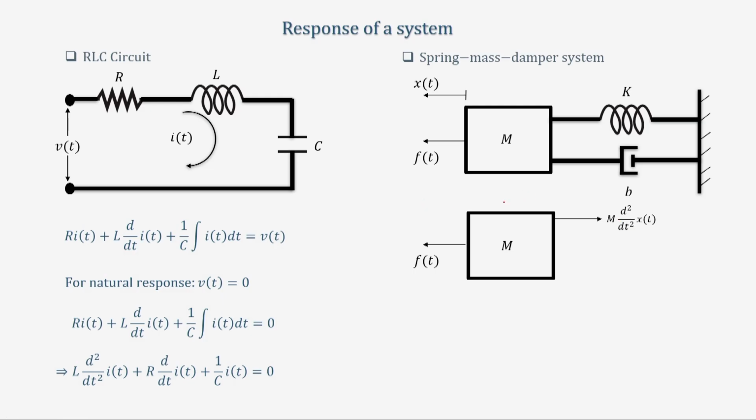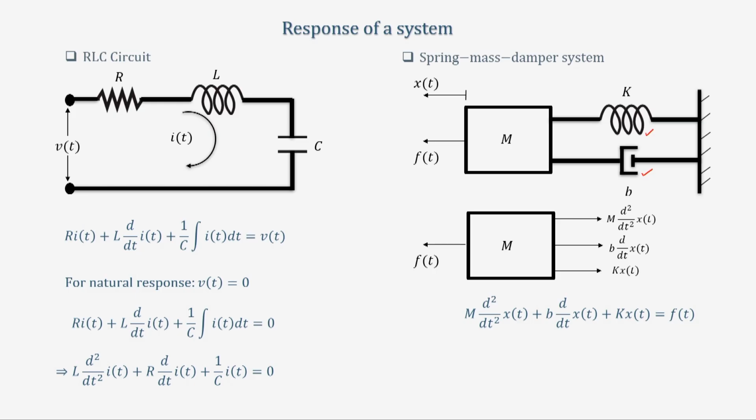Now, since the mass is moving along this direction, the spring here will try to resist it, and the damper here will also try to resist it, and the spring and the damper will give a force of this amount. The damping force will be B dx dt, B into velocity, and K into x. Now, if I write down the force equation, it will look something like this.